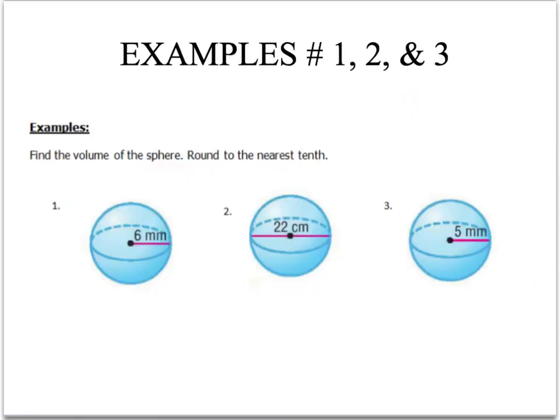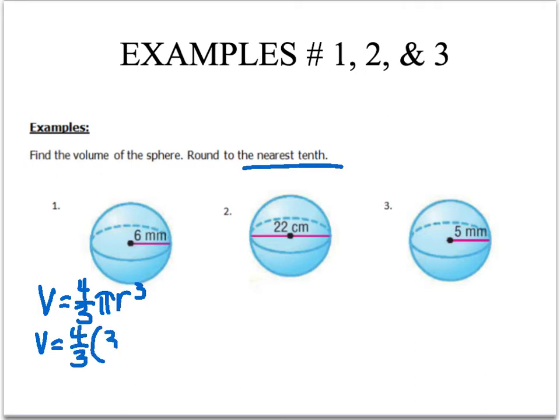So the first three examples, it says find the volume of the sphere, round to the nearest tenth. And so we have volume equals 4/3 pi r cubed. And I'm going to use 3.14 for pi. So I have 4/3 times 3.14, and the radius is 6, and I'm cubing that. So that is not 6 times 3, that is 6 times 6 times 6.